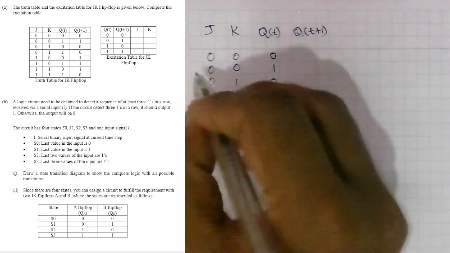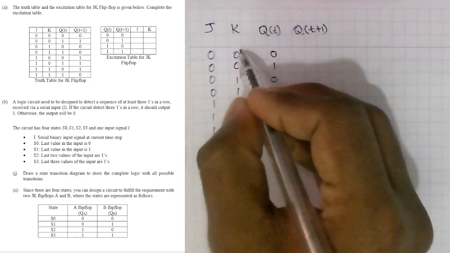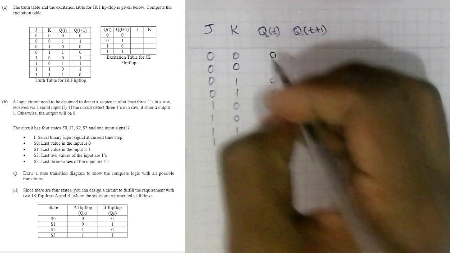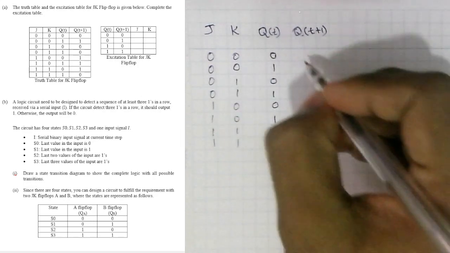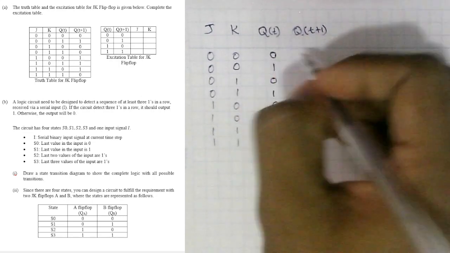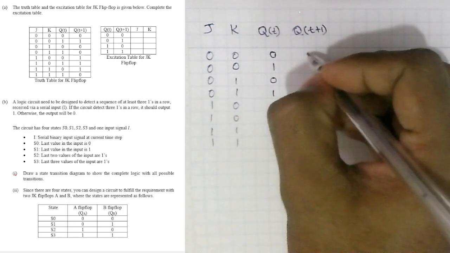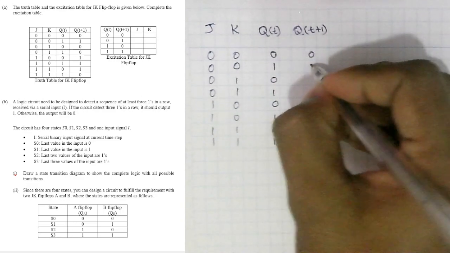So if J and K are 0, as given in the first two configurations, it will just remain in the same state. It will preserve the same state in the next timestamp as well. That's the nature of the JK flip-flop.